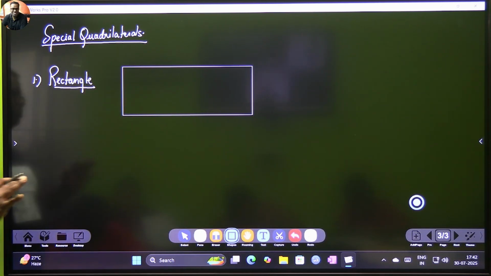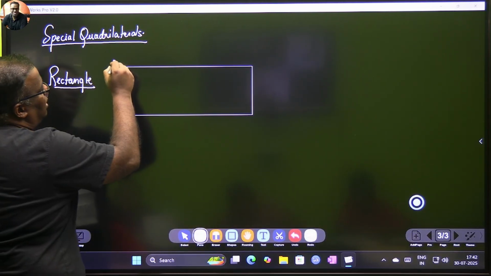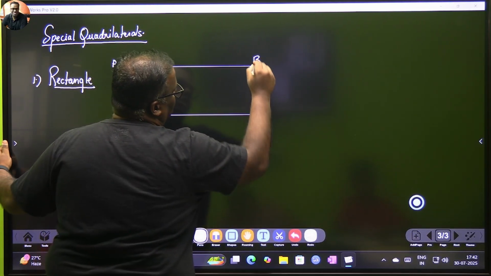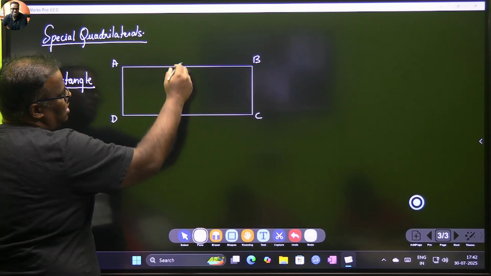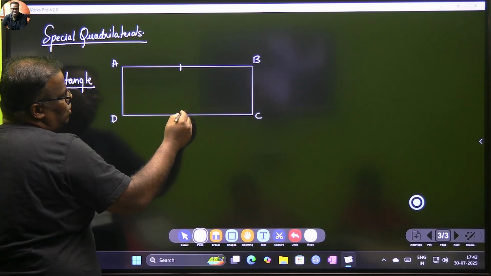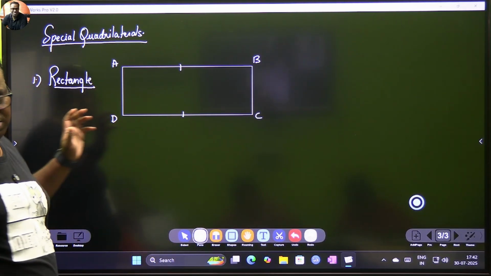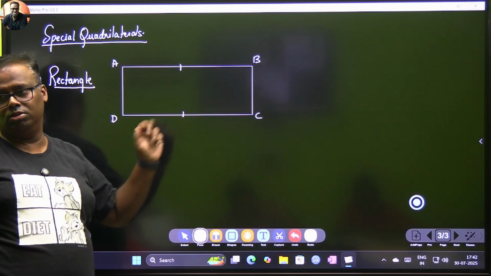Now look at the way how we represent it. Let's say this is a rectangle ABCD. Okay, these are new things that you will learn. Since AB is equal to CD, you can actually put any symbol. Like say if I put a single dash out here, I will put a single dash out here. This actually shows that this particular is equal to this.